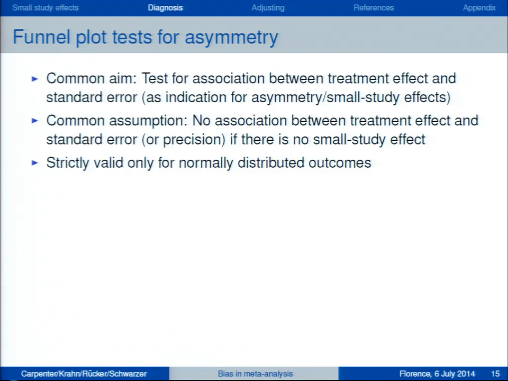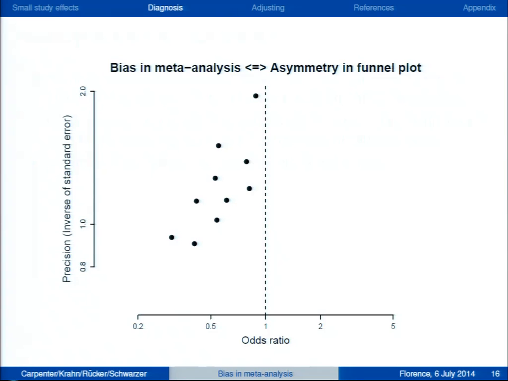And all these tests have in common that they are strictly valid only for normally distributed outcomes. They are often nevertheless used for binary outcomes because binary outcomes are very frequent, but they are not valid for these.